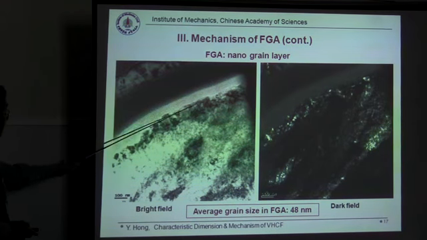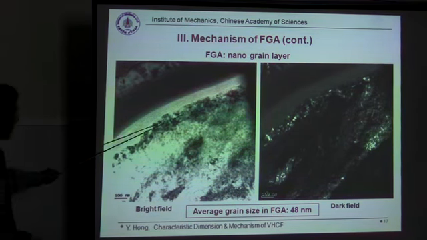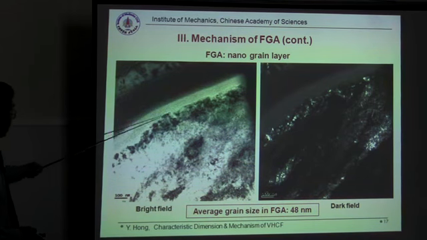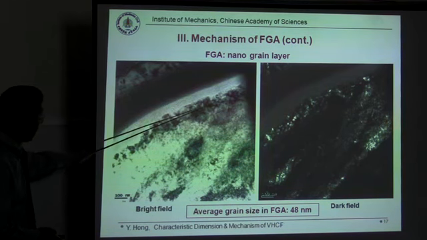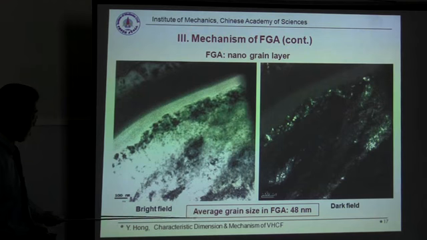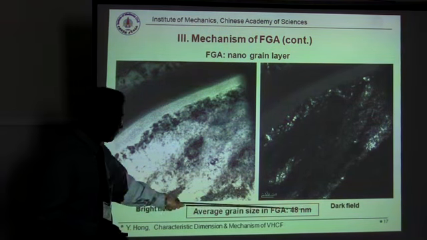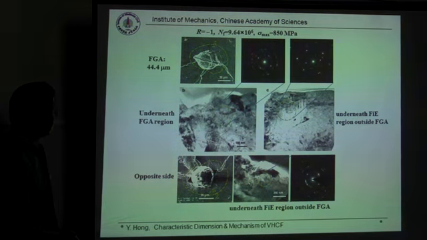And this is a TEM photograph showing underneath the FGA surface is a kind of fine grains, and the average grain size is about 50 nanometers.